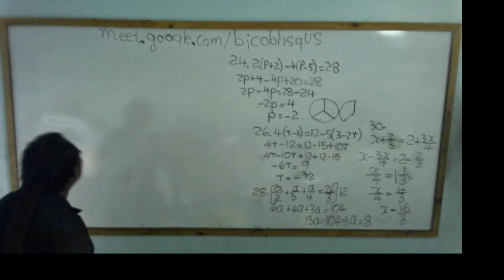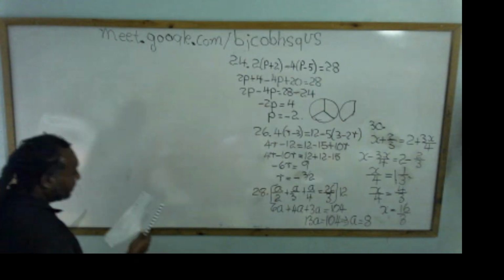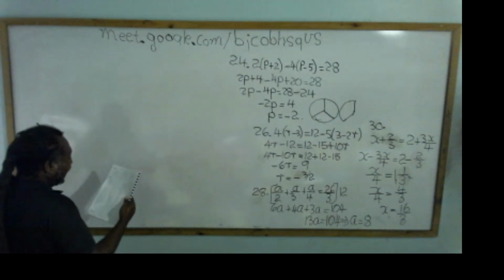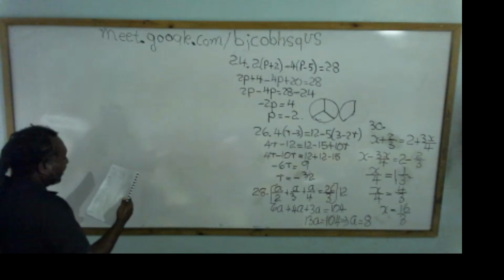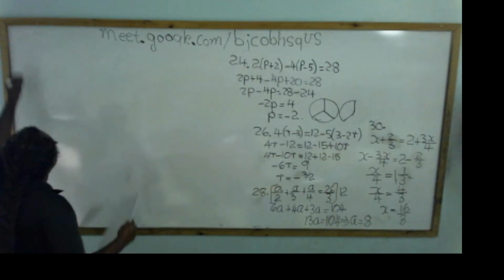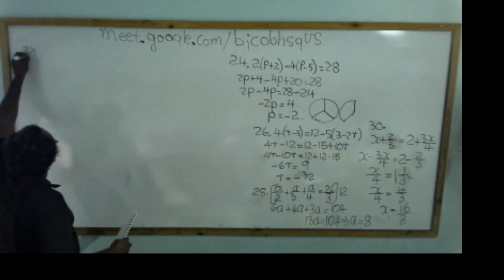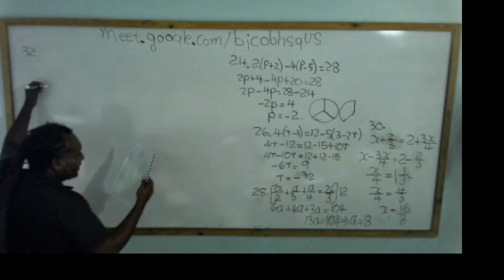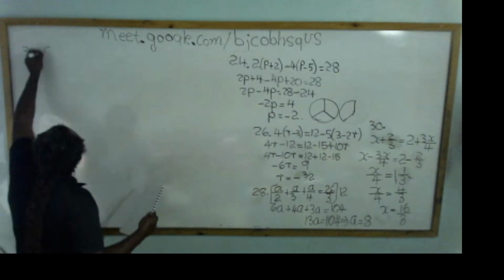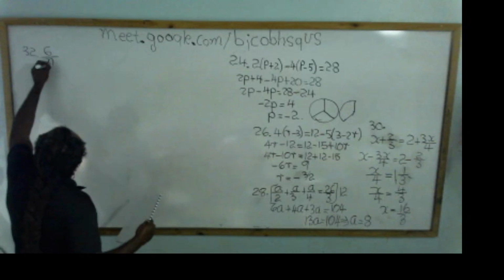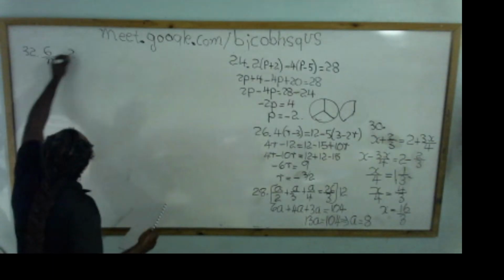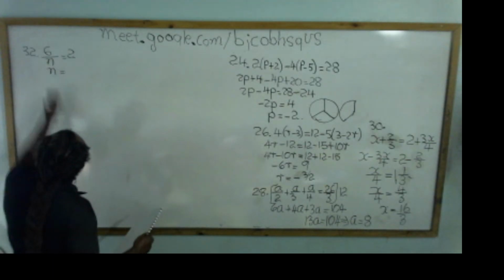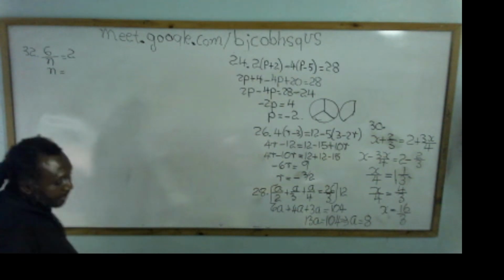Number 32. I like those two. We can get them out of the way very quickly. So number 32, I'm not going to argue with you. 6 over n is equal to 2. N is equal to what? Students, you have a problem like that?